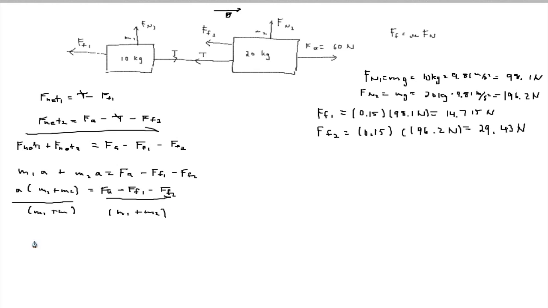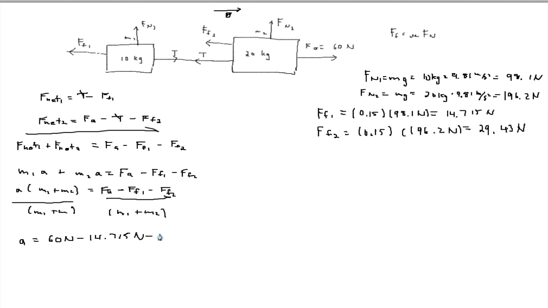Now we'll substitute all the values. So acceleration will be equal to our applied force, which was a given amount of 60 newtons, minus force due to friction of mass 1, which we calculated as 14.715 newtons. I'm really having trouble with my pen here today.